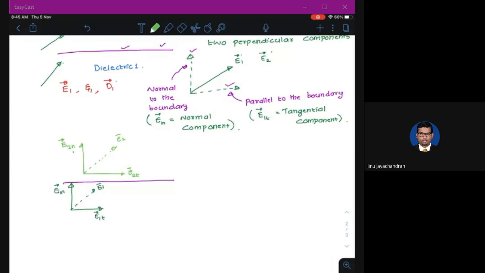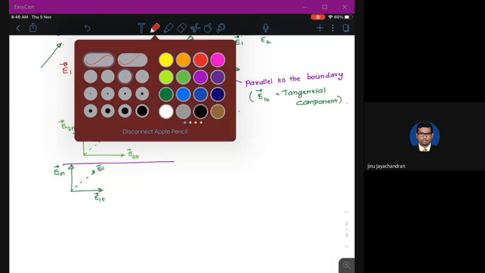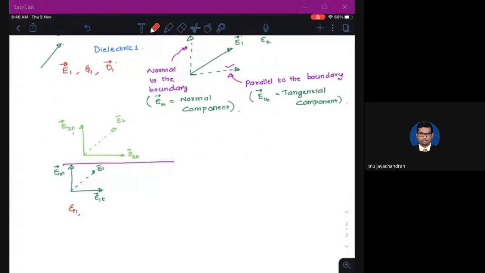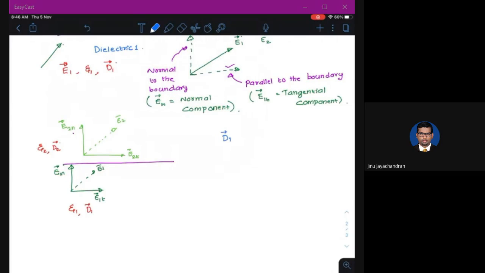Okay, fine. And we have all the other values: this is epsilon1 having permittivity, this is D1, this is epsilon2, D2. Remember, the value of D1 is equal to epsilon1 E1, and the value of D2 is equal to epsilon2 E2.